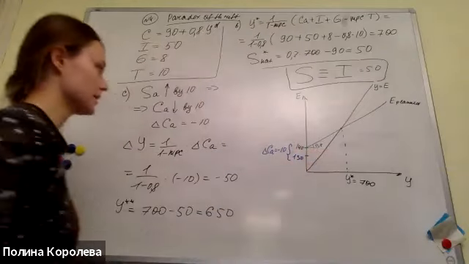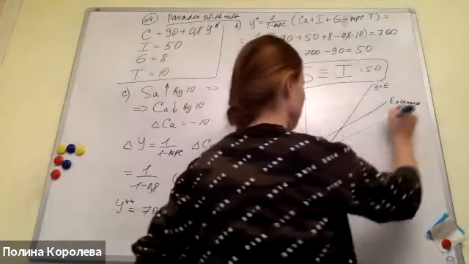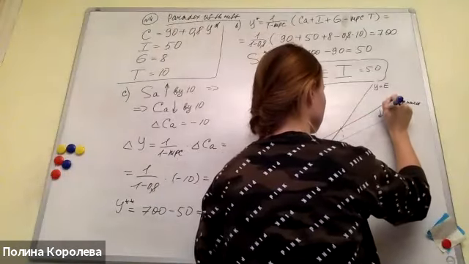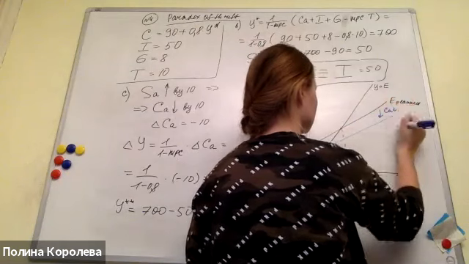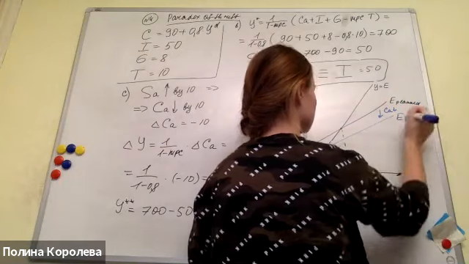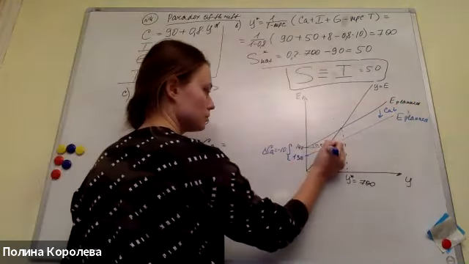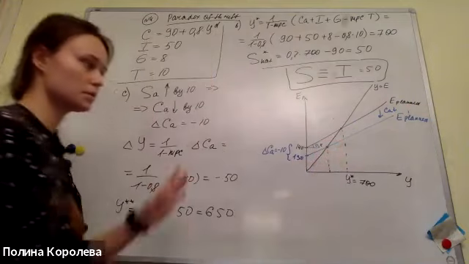The slope is the same. Marginal propensity to consume stays the same. And you see it crosses to the left.